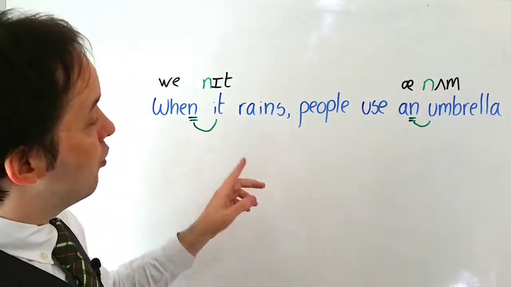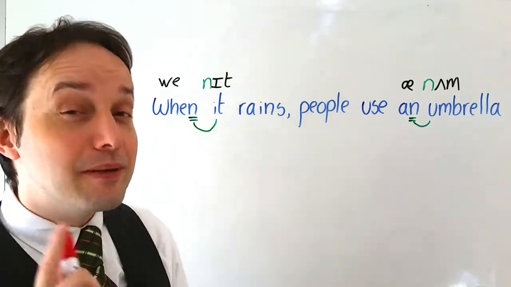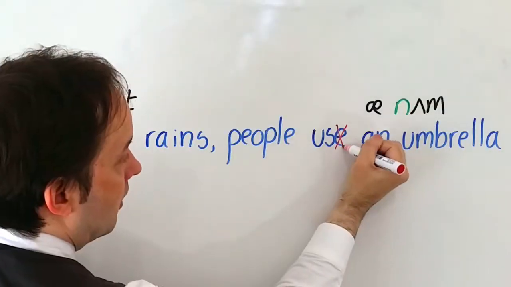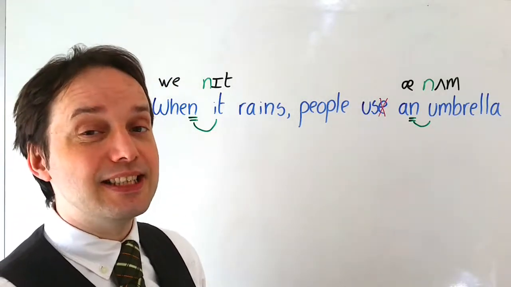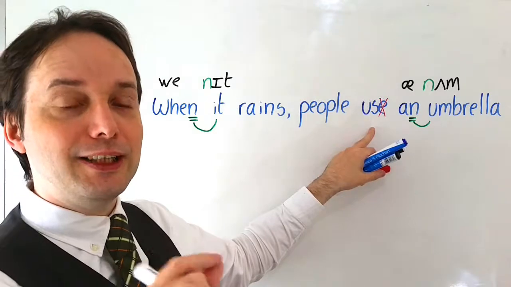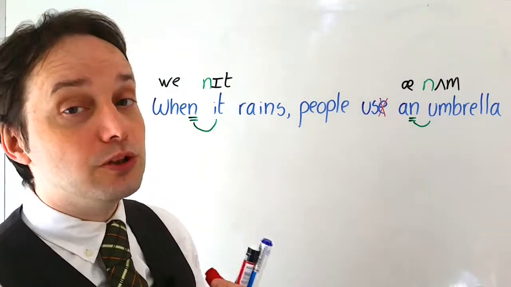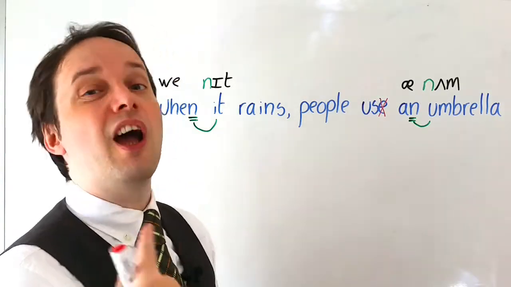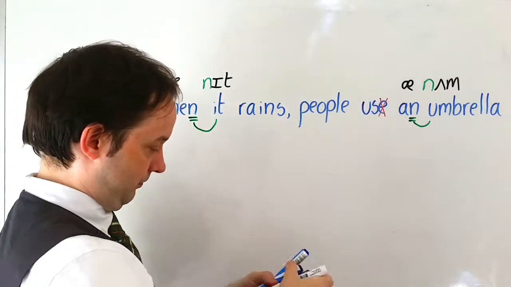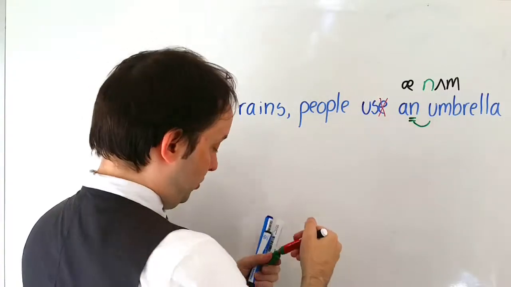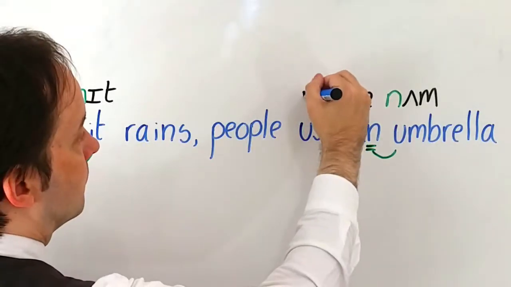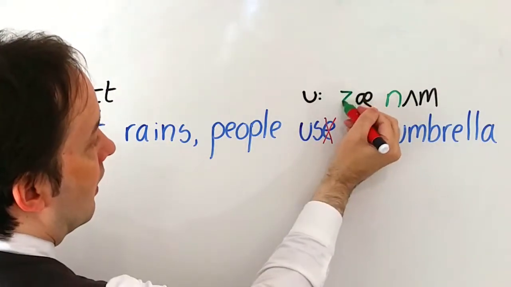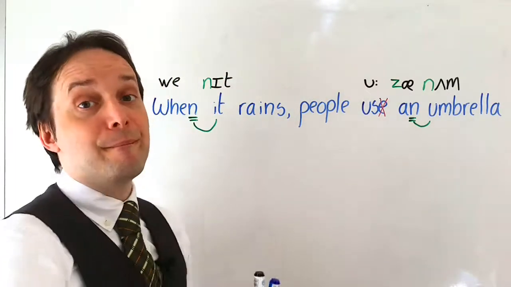But there's one more example, but it's a little bit more difficult because we have a silent E. We don't say use, we say uz, Z, Z, vowel or a consonant, consonant. So it's the umbrella.